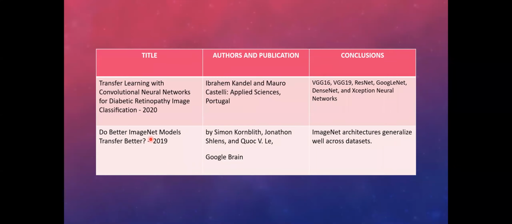Will my model be able to transfer better if I trained it on the ImageNet dataset, or if I trained it on some other random dataset? So here more focus is on the ImageNet dataset rather than transfer learning. They concluded that any model that is built on ImageNet has very good accuracy of transfer learning. That is, when it's transfer learned, the accuracy actually goes up.